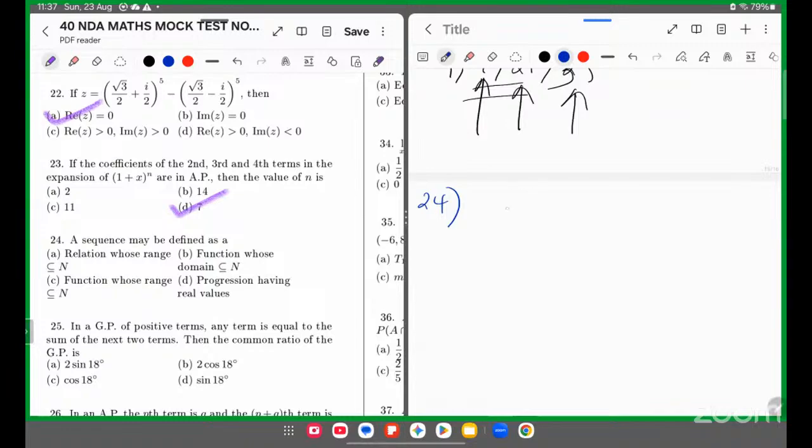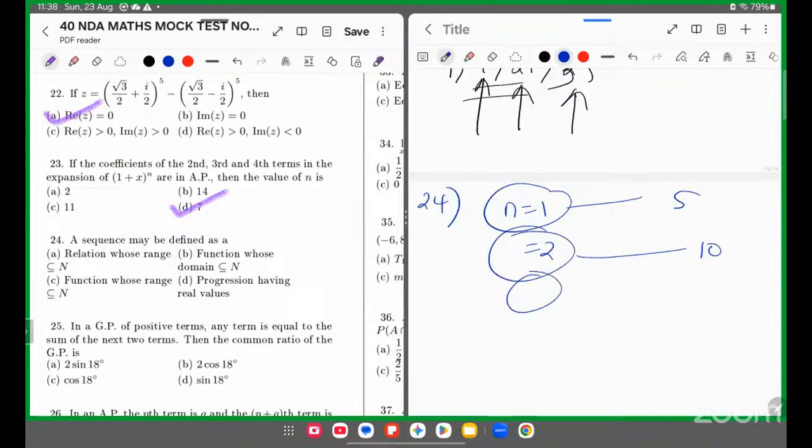That means n equal to 1, n equal to 2, first term. The term may be 5, the term may be 10, like that. But n means first term, second term, third term. So the domain should always be from the set of natural numbers.